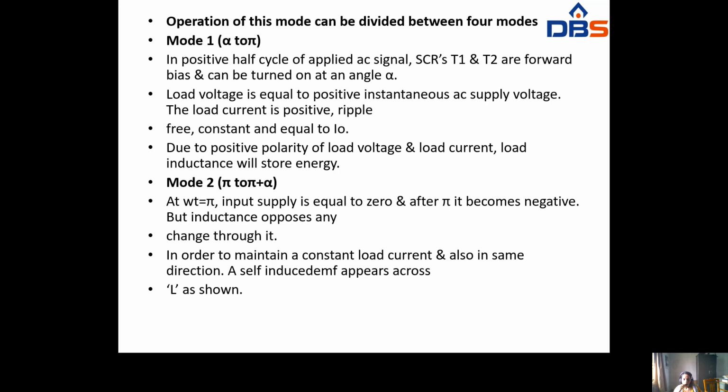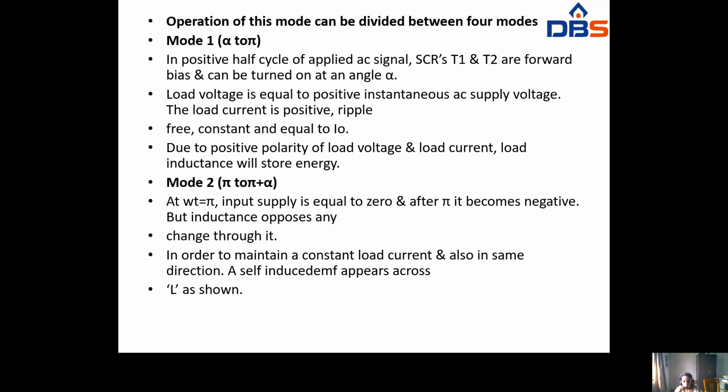Load voltage is equal to the positive instantaneous AC supply voltage. The load current is positive, ripple free, constant and equal to Io. Due to the positive polarity of load voltage and load current, the load inductance will store energy.